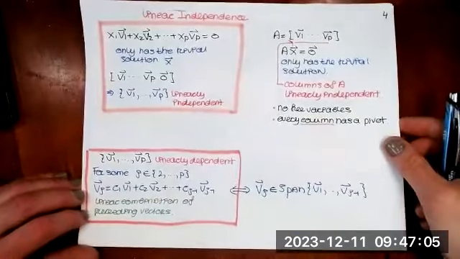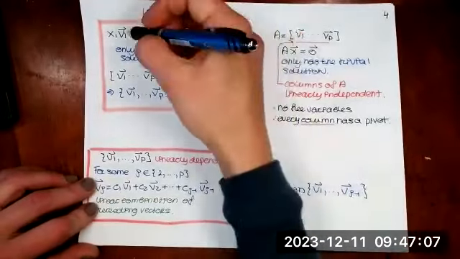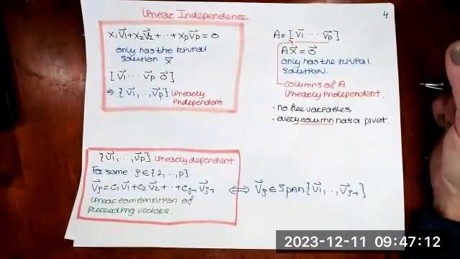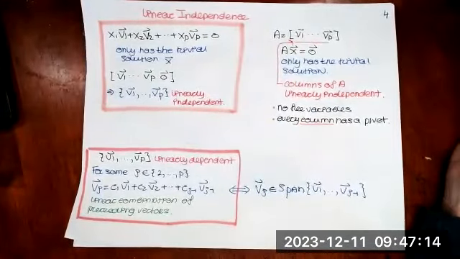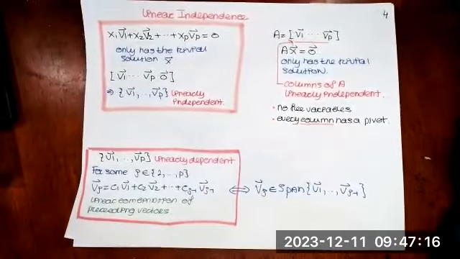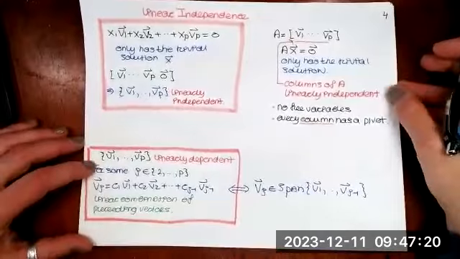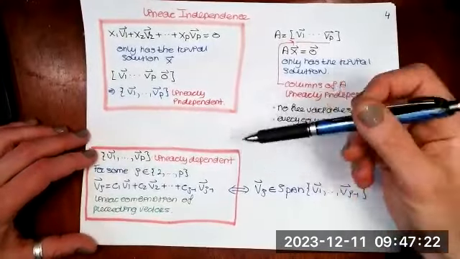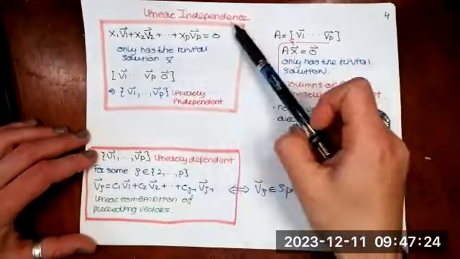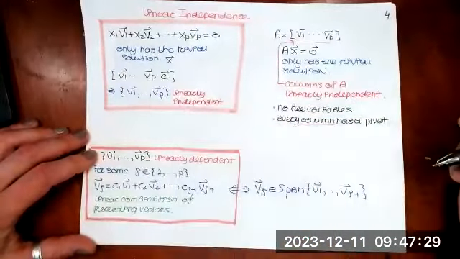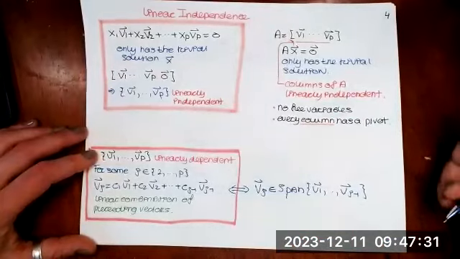If you have a 0 vector anywhere in the set, it automatically makes it a linearly dependent set, because the coefficient of the 0 vector does not have to be equal to 0 for the combination to equal 0. Again, you can write this in different ways. You can write it down as a linear combination, or in augmented matrix form.